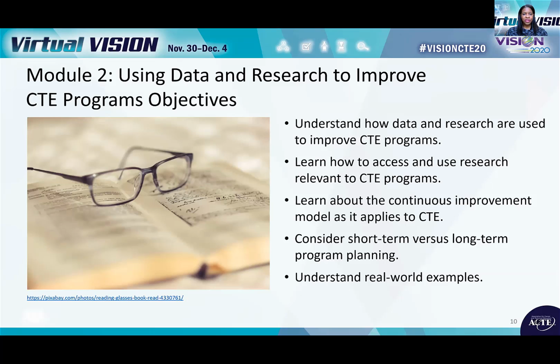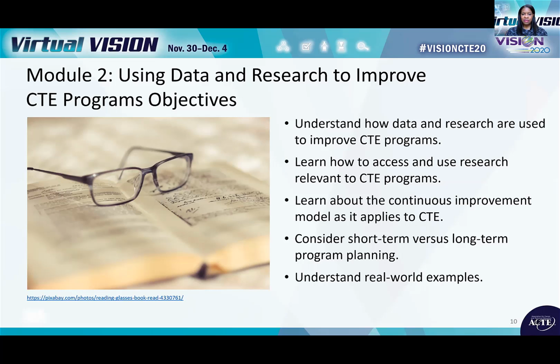You'll also learn how a continuous improvement process can be launched. This is going to help you focus on short and long-term planning, and you'll be provided again with real-world examples and tested tools to undertake this work. Our goal is within each of the modules to have real examples to support the connection from theory to practice.